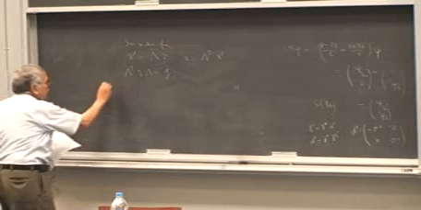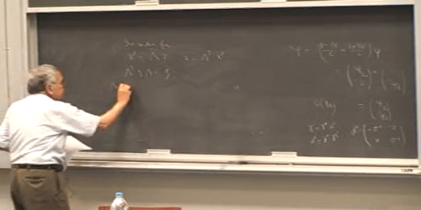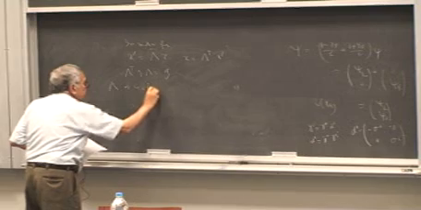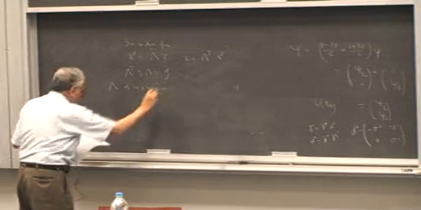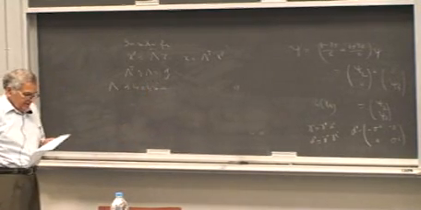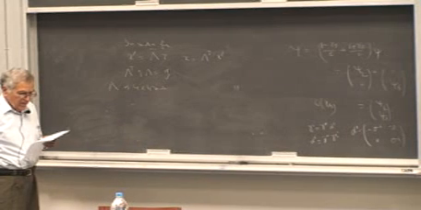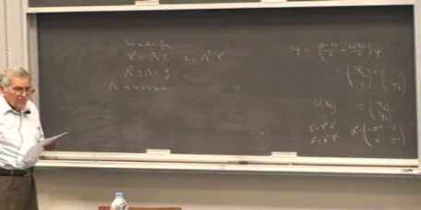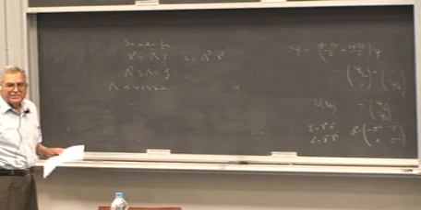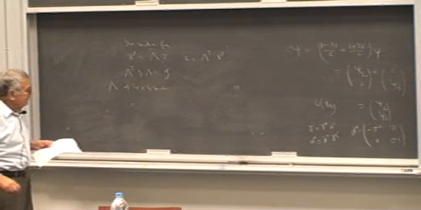Now lambda is a 4 by 4 matrix. It has two submatrices, which you can easily see.